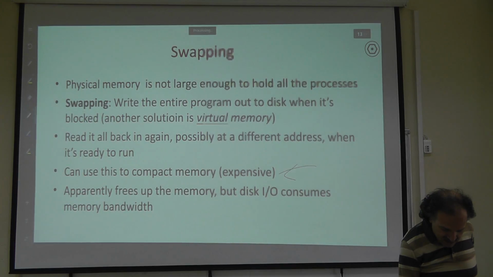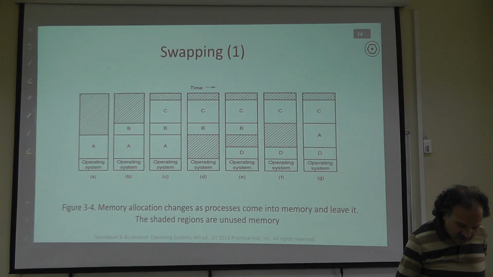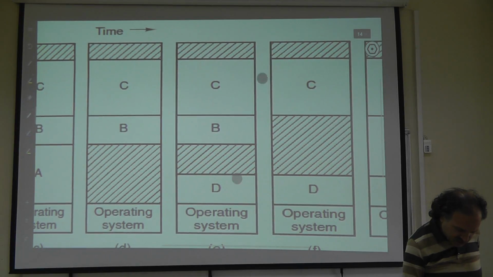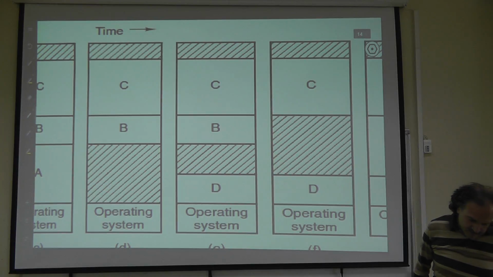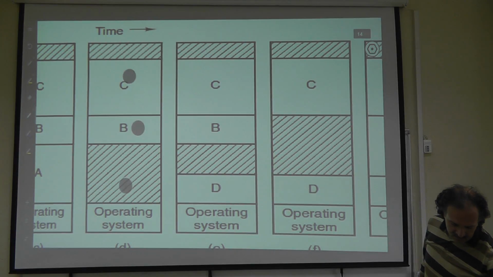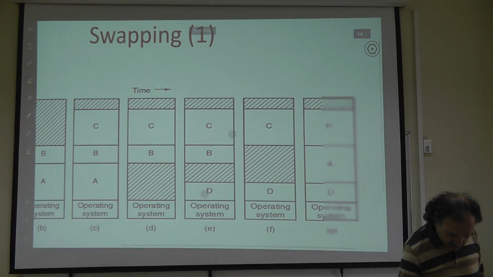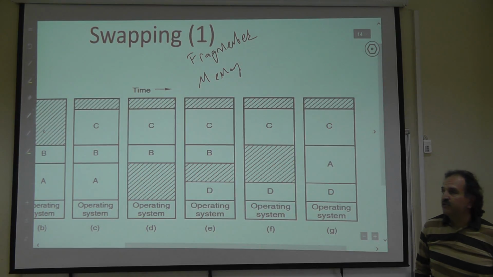It says that you can use this operation to compact the memory. Sometimes I have pictures like this. This picture is not a good picture. Why? These are called fragmented memory.